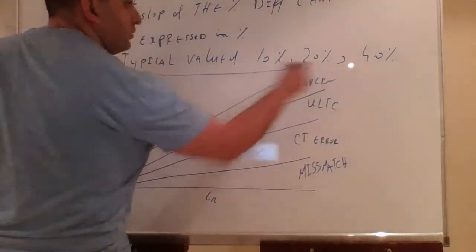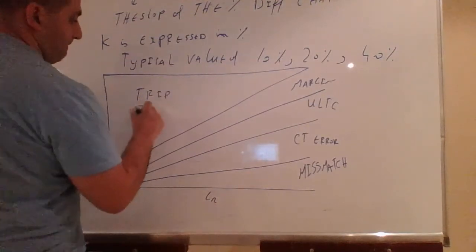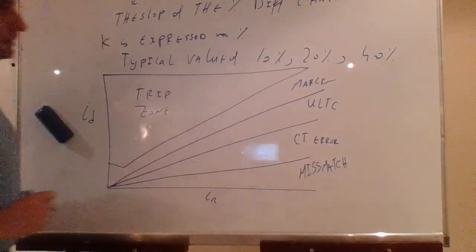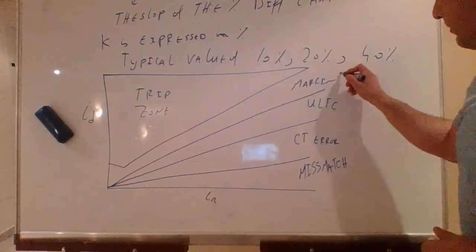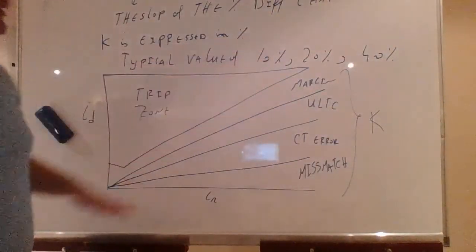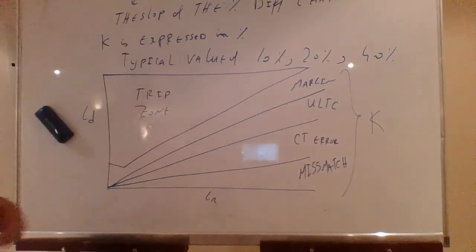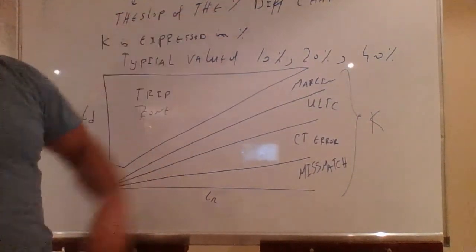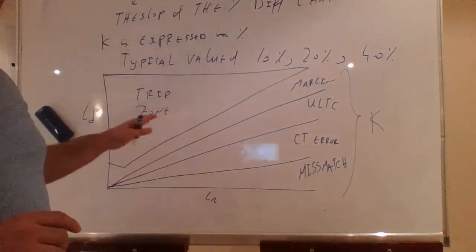This will be your trip zone. So K is defined by this. That's what defines the slope, the slope percentage of the differential characteristic. I hope that's clear.